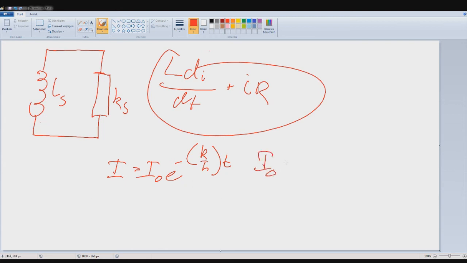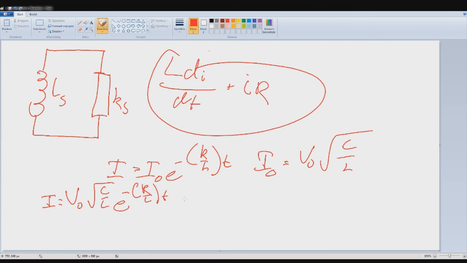So I0 is V0 times the square root of C over L, and that completes the function for i after the peak current as V0 square root C over L e to the power of minus R over L t.